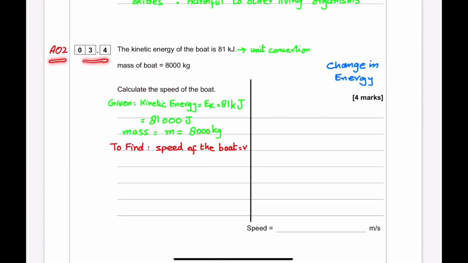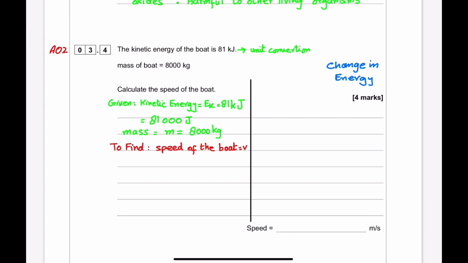3.4 is an AO2 question, and this question is from the change in energy. The kinetic energy of the boat is 81 kilojoules. We need to convert the units from kilojoules to joules. The mass of the boat is already given, that is 8,000 kilograms.